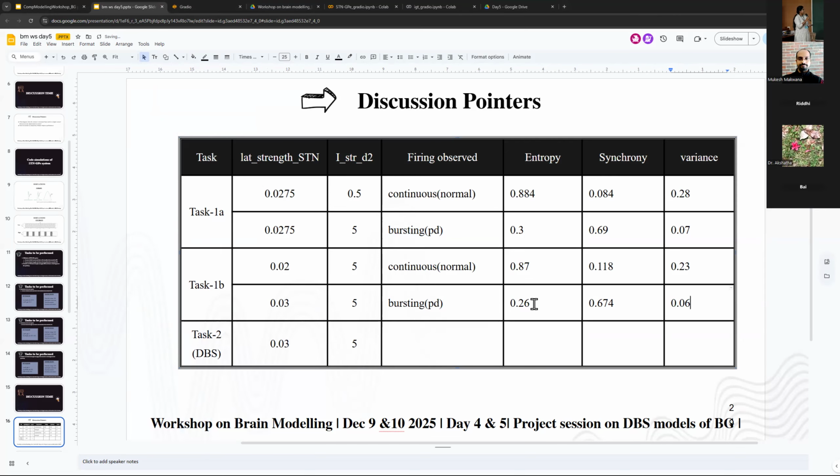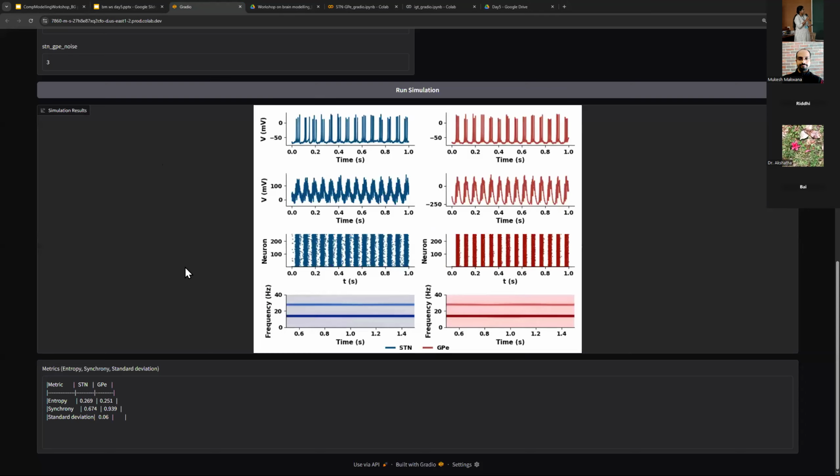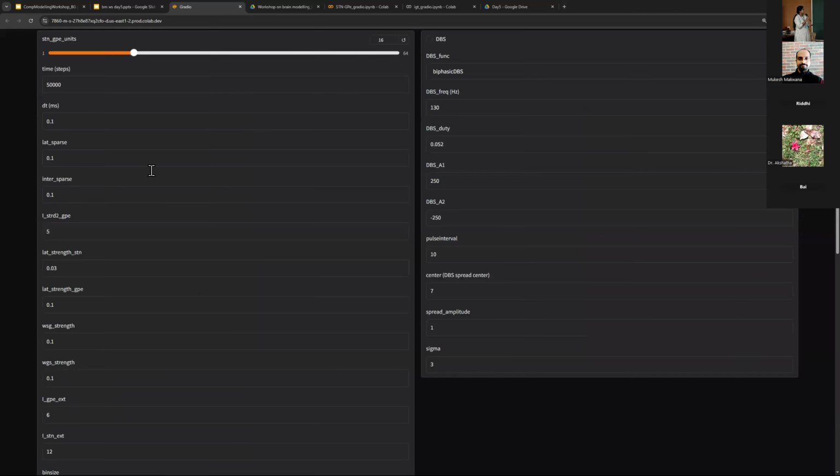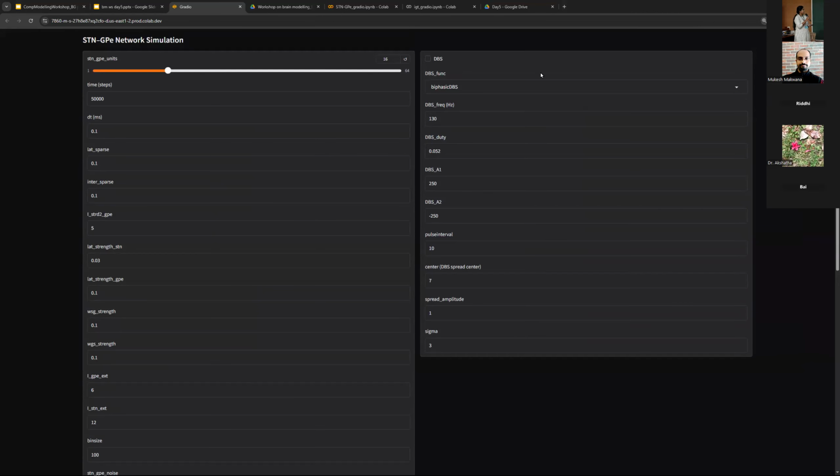Okay. Then the next one is to run it with DBS. For the same parameters, we will run it and see instead of trying out others. You can go to the same Gradio page and tick mark the DBS. On the right side, under DBS function, there are different functions, but right now only biphasic DBS works, so don't play around with the other ones.